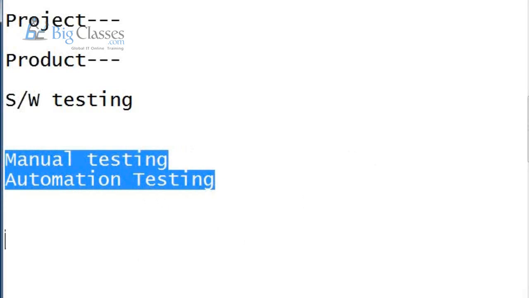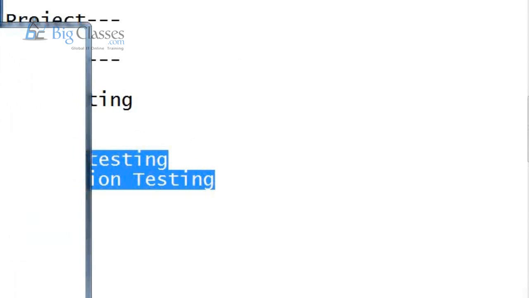See, guys, I will show the small diagram again. Try to understand. Software testing has two types, manual testing and automation testing. First, what is manual?